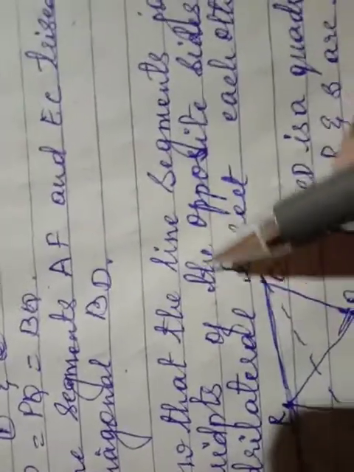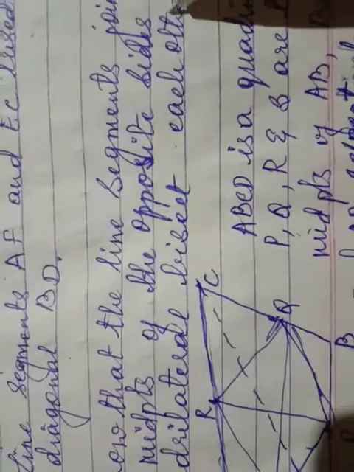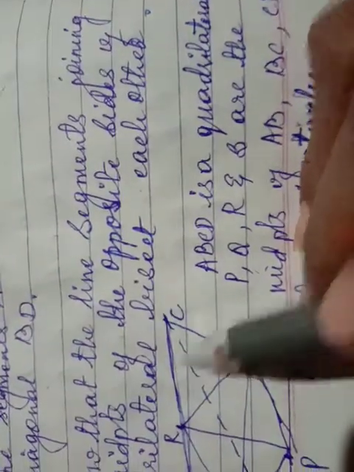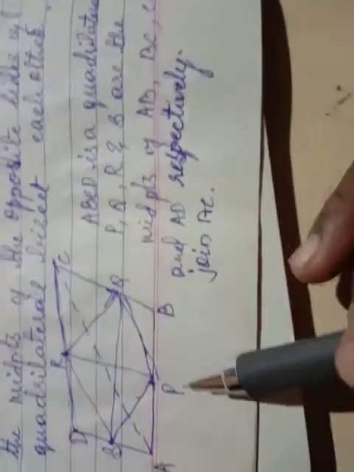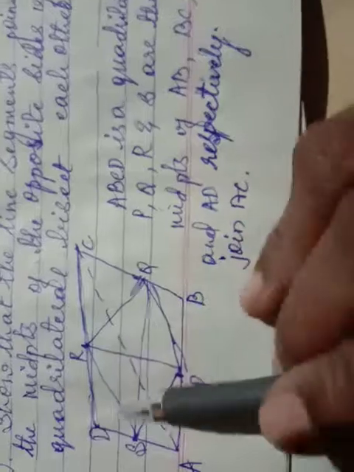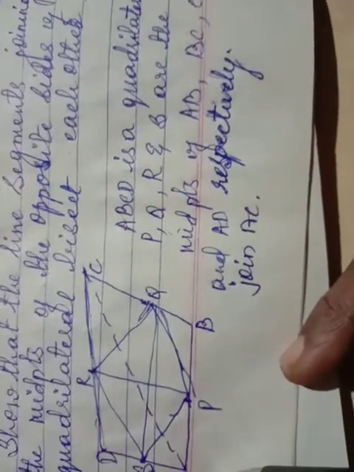Now show that the line segments joining the midpoints of the opposite sides of a quadrilateral bisect each other. Okay, this is the figure given here. ABCD is a quadrilateral. P, Q, R, S are the midpoints of AB, BC, CD and DA respectively. Join AC.